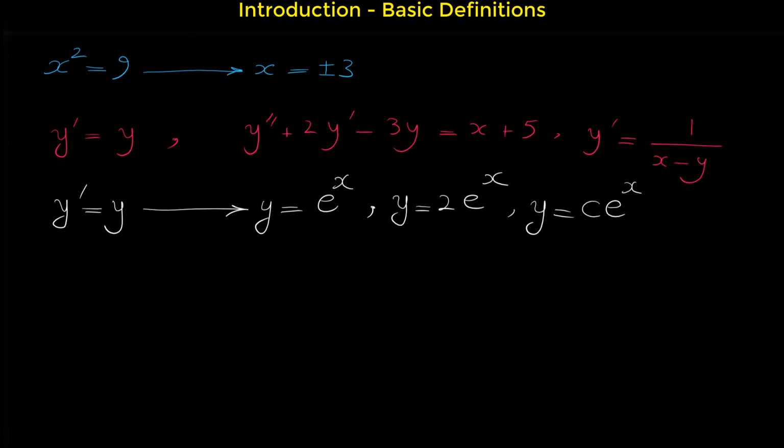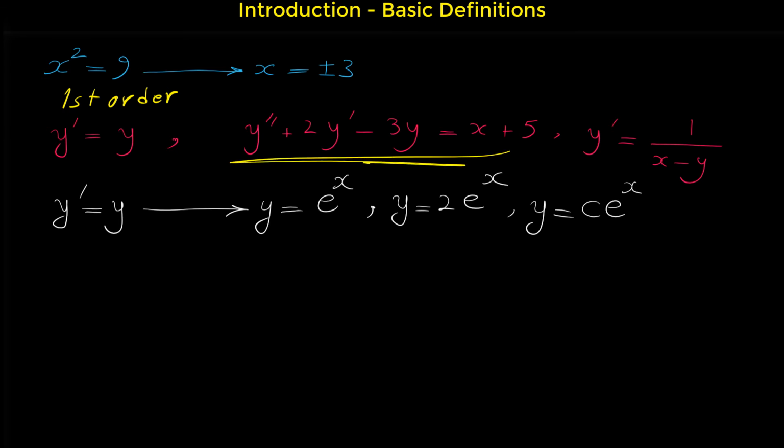Now that we are a bit familiar with differential equations, let's talk about the order of a differential equation. The order of a differential equation is the order of the highest derivative that appears in that equation. For example, in this differential equation, the highest order of derivative is y prime, and so we say this is a first order differential equation.